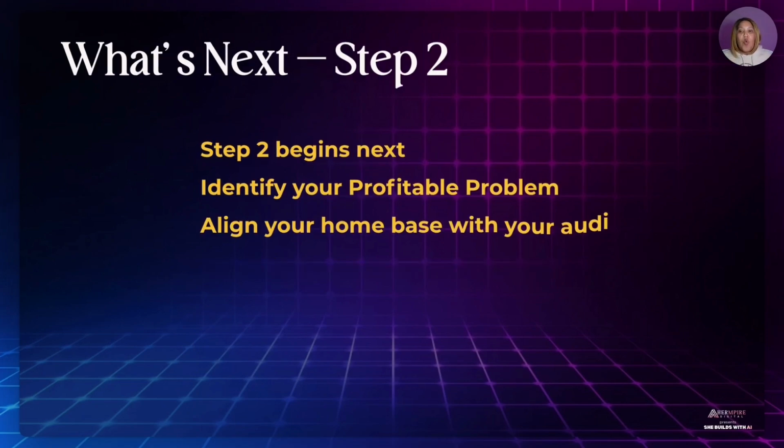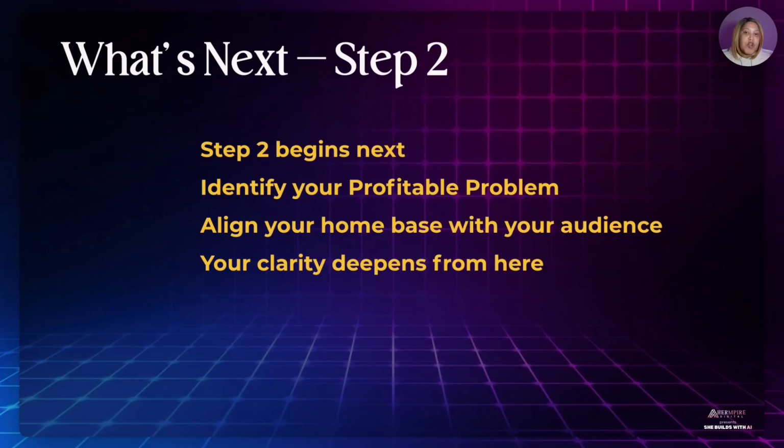Okay, so what's next? After you've chosen your playground, like I said, we're moving on to step two, which is pinpointing your profitable problem. This is where we get clear on the real problems your person is already trying to solve, so your content and your offers align perfectly with this person. So here's what I'm going to tell you.